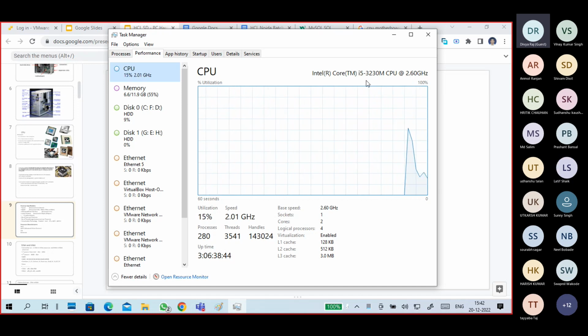It is an old, third generation processor. You can see the base speed, the number of cores is 2, and the number of logical processors is 4.